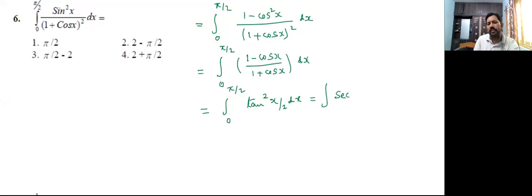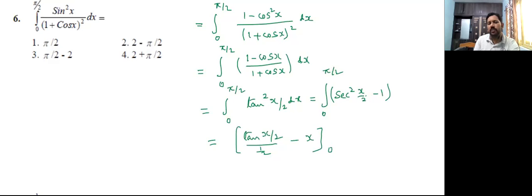Convert into secant: secant square x by 2 minus 1, limit 0 to pi by 2. Now, what is the integration of secant square x by 2? Tan x by 2, but don't forget the x coefficient, divided by 1 by 2, minus integration 1 dx, x. Now the limit is 0 to pi by 2.